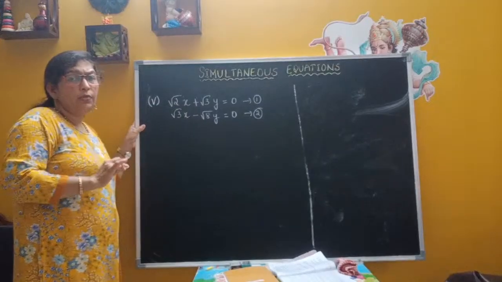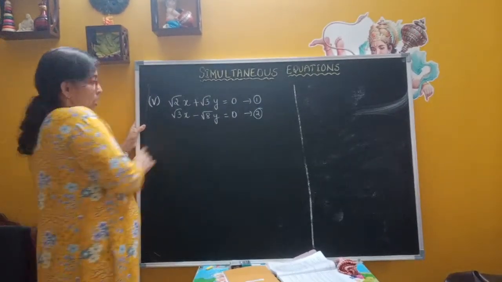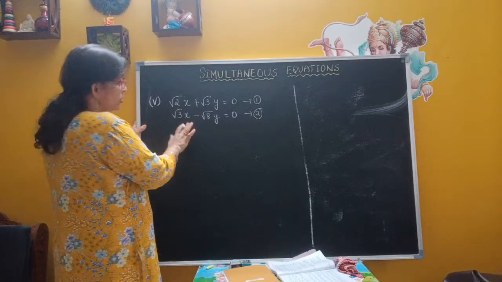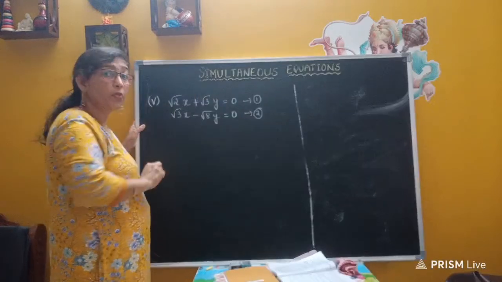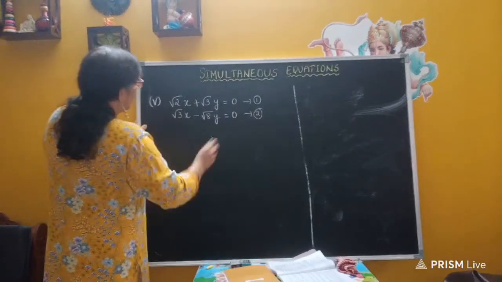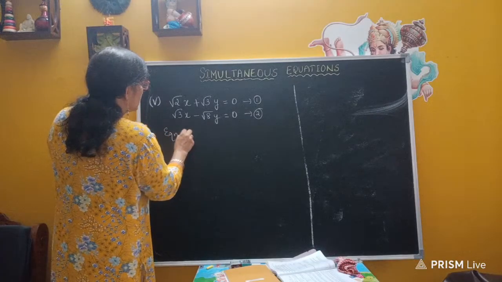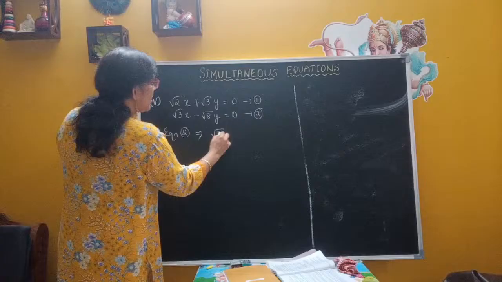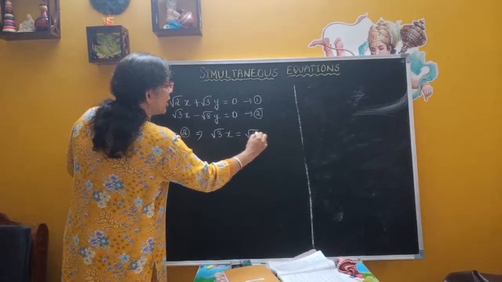Let's take any of the equations and transpose it to get the required form. Okay, now let me take the second one. We can take the first one also. I'll take the second one because if I transpose minus to RHS, it becomes plus. It would be much easier. So from equation 2, I will write root 3x is equal to root 8y.